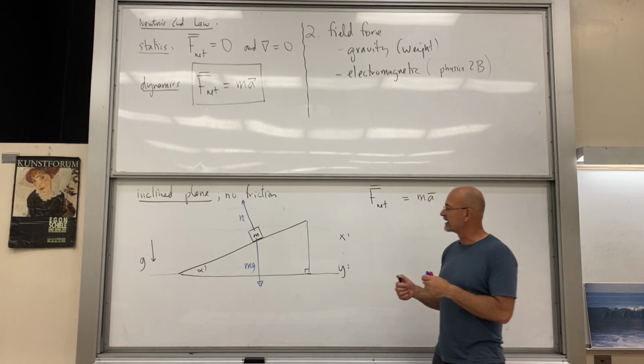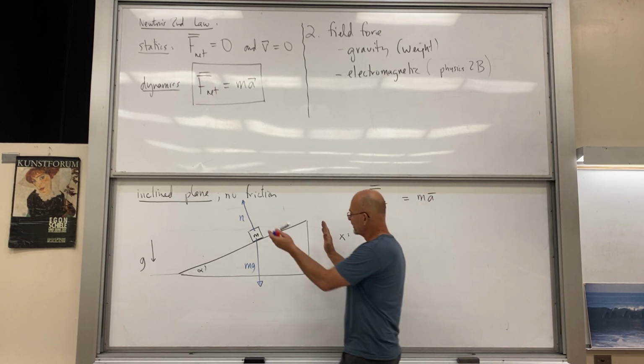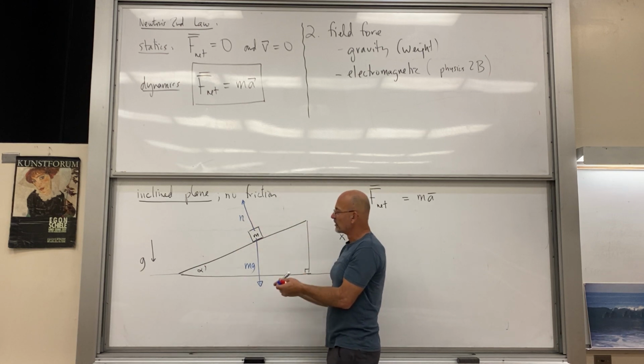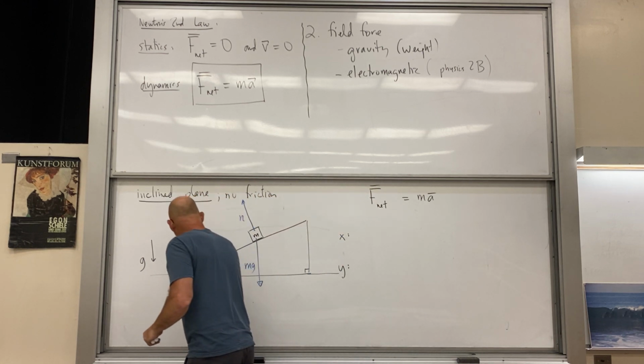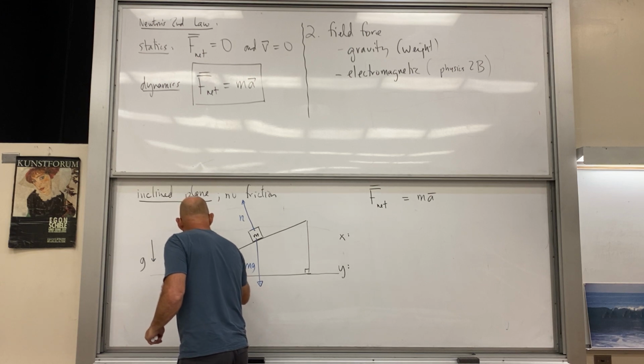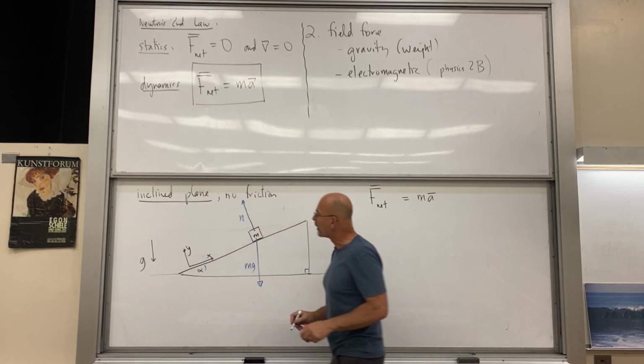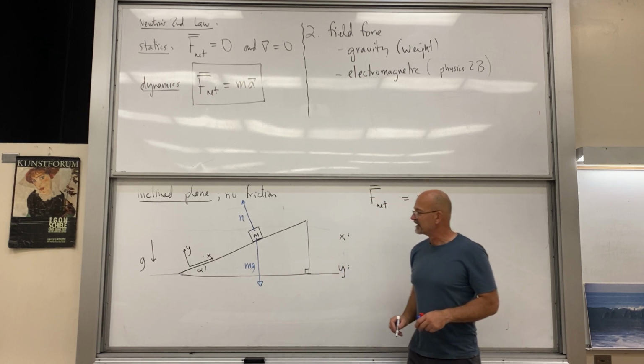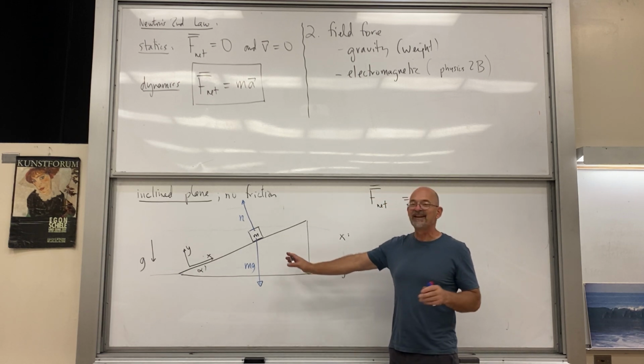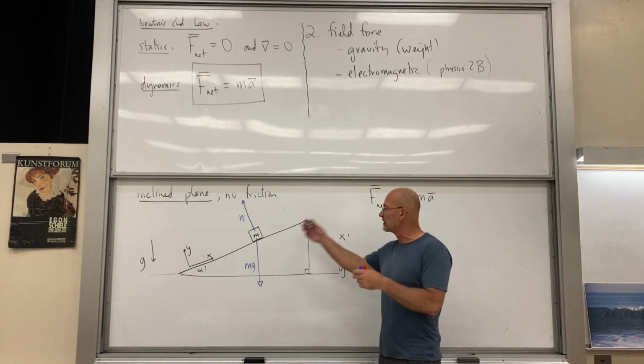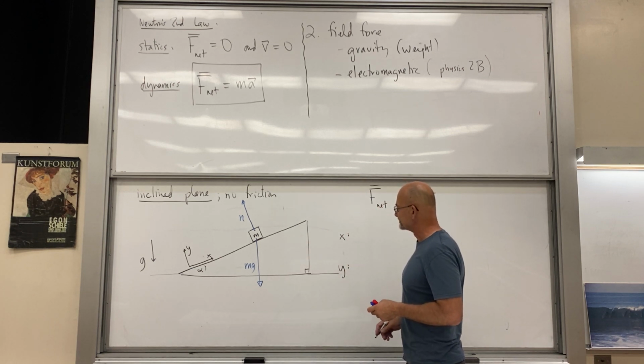But here's something that comes up. So things are mixed up here. What we can do is put our x coordinate parallel and our y coordinate perpendicular to the incline. This is just a convenient choice right now. It's up to you how you want to do it. Okay.